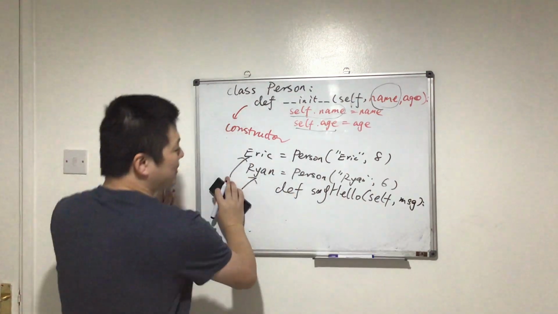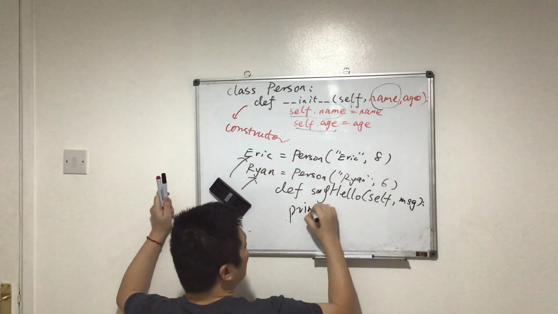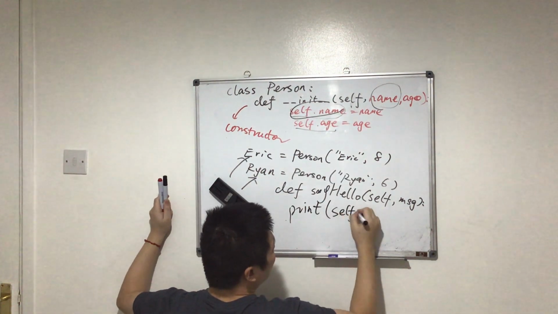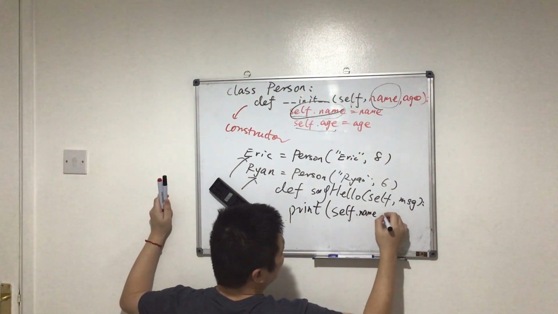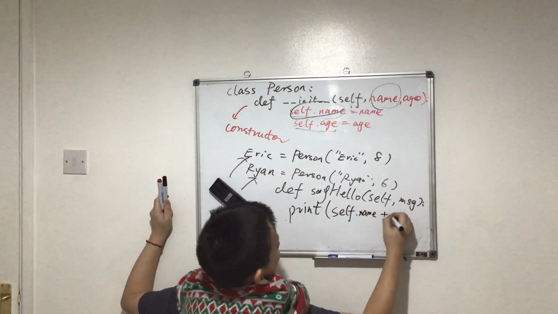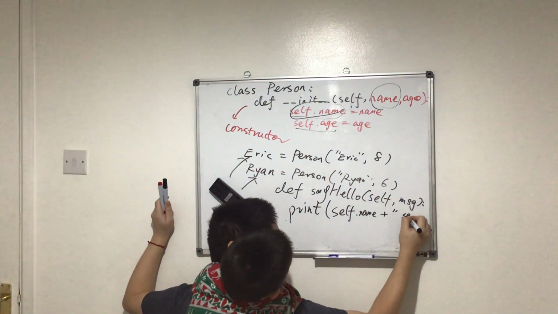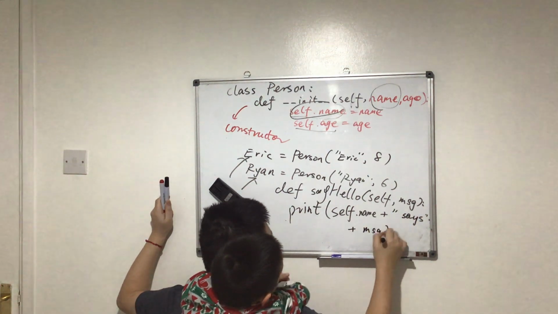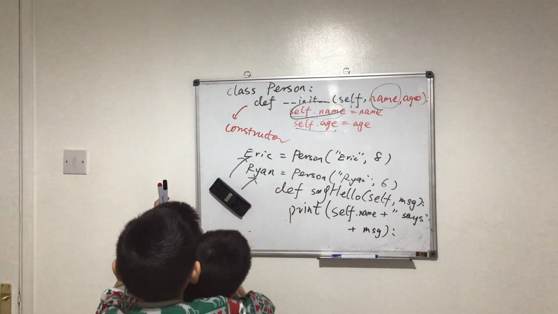Then we can say print self.name plus the string 'says' plus message.